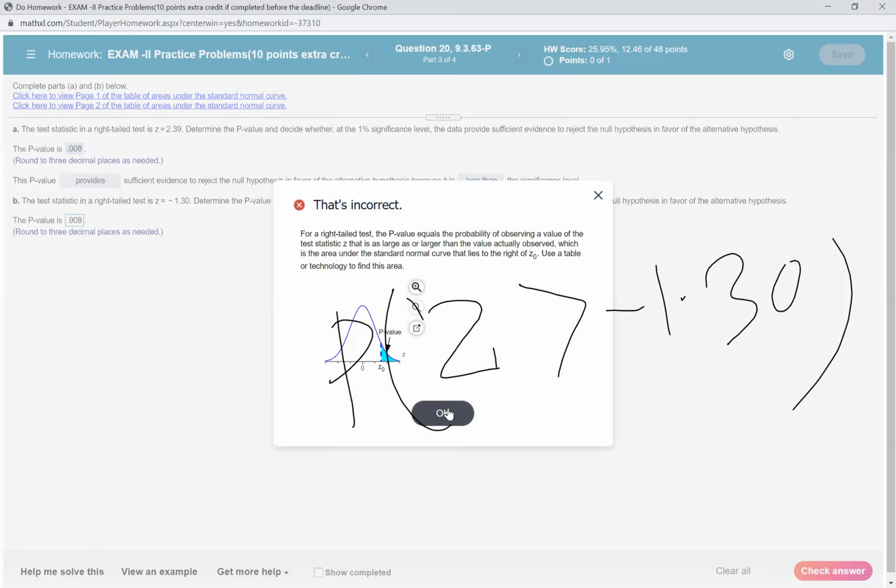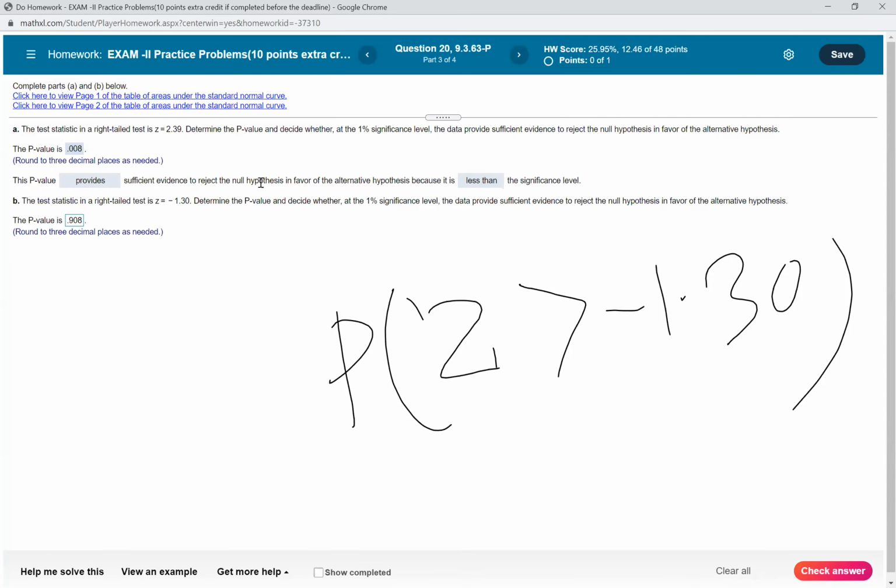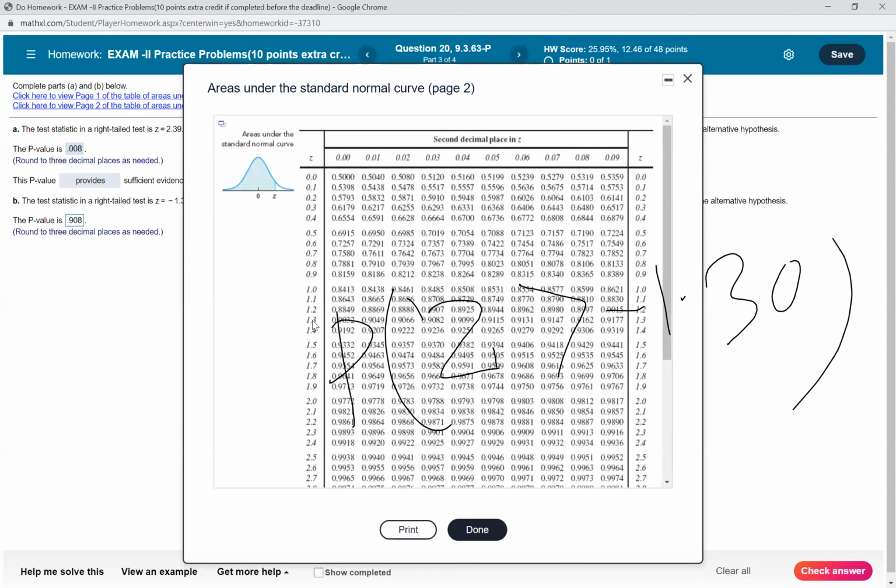But this is not correct. The test statistic is right-tailed, z is negative 1.30. So we need to find z greater than negative 1.3. Okay, so look at the table again. 1.30 is this one, 0.9032.